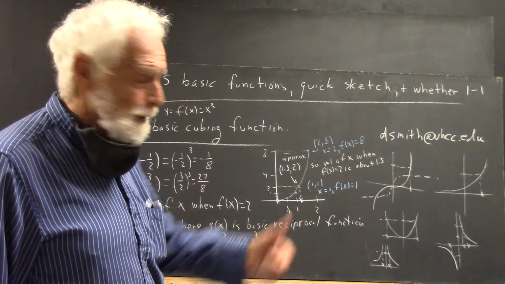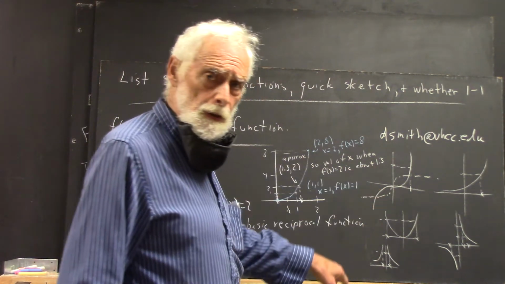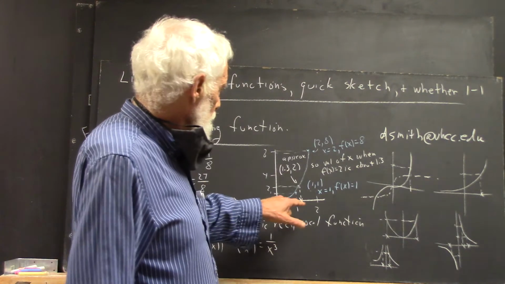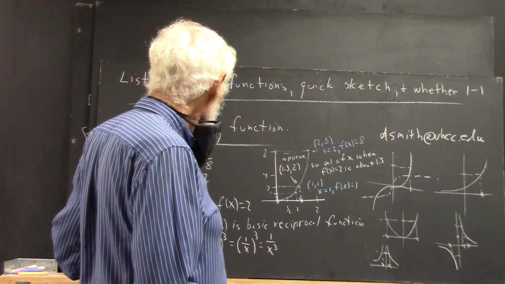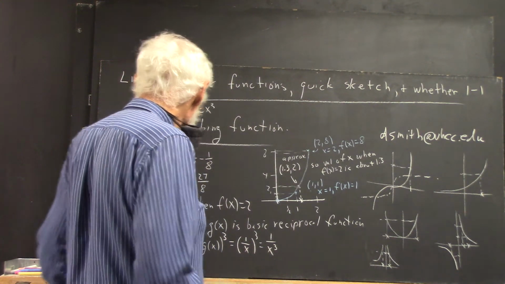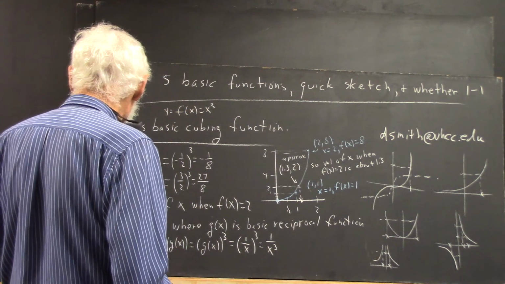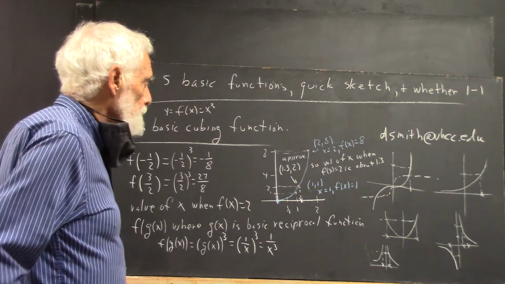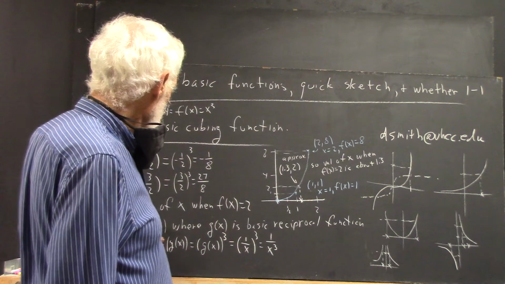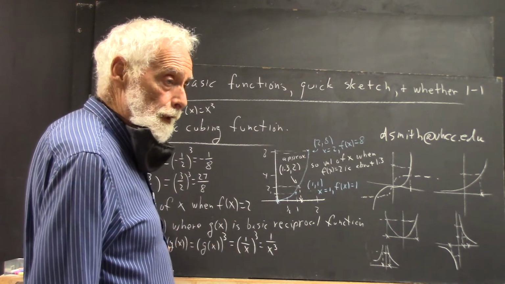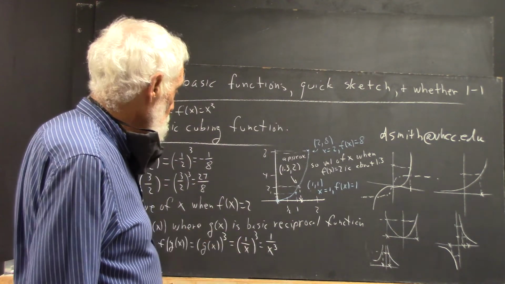Now that's a little bit high, but it's closer to 1.3 than it is to 1.2, so that's not really a bad estimate. Okay? Now you can calculate it by doing a cube root, but we haven't talked about that, and you might not know about that. The point is that when you have a graph of one of these functions, you can answer questions like this. The value of x when f of x equals 2.